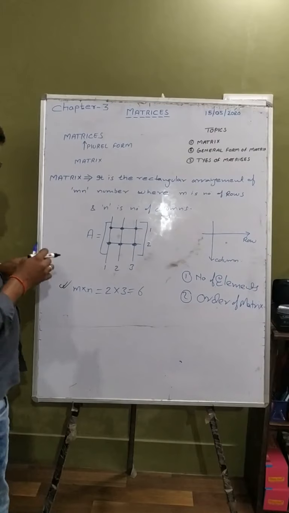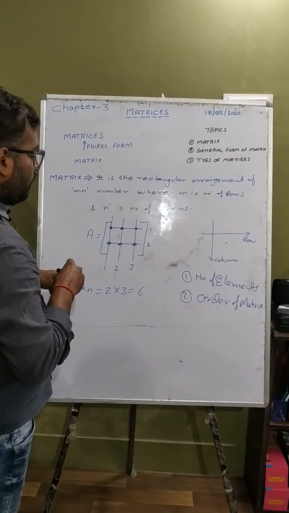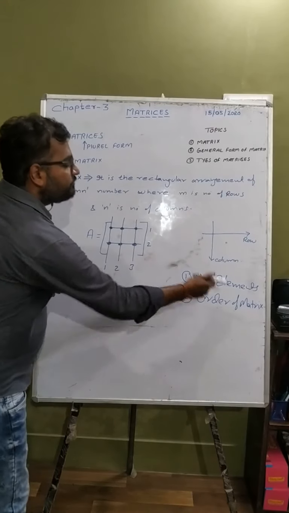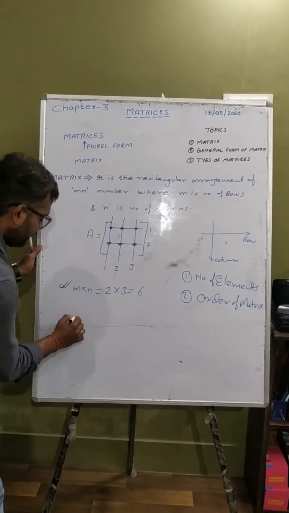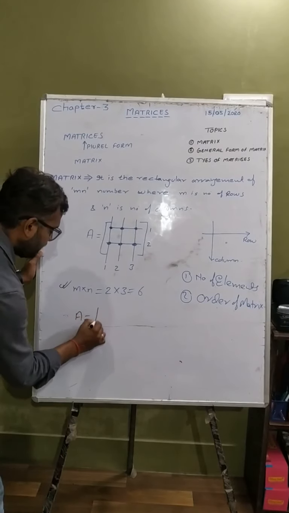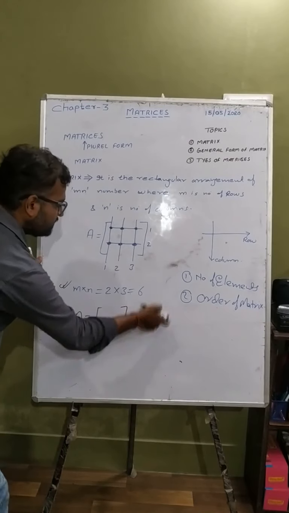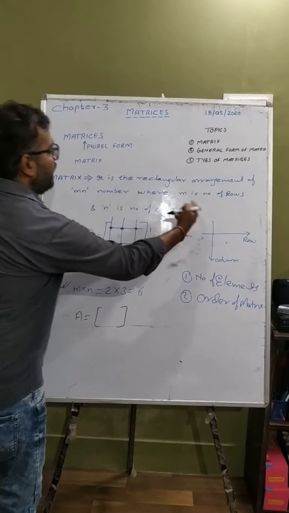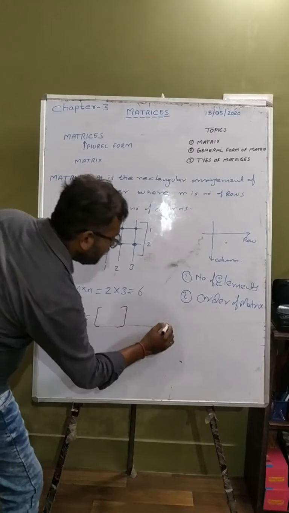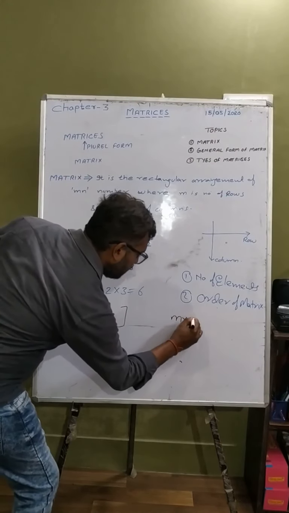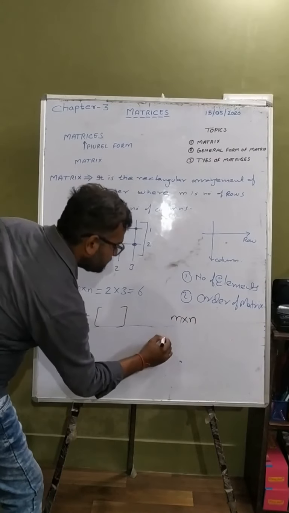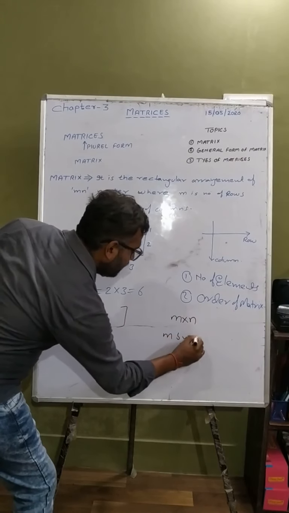The first point is clear. The second thing is, what is the order of this matrix? If A is a matrix, its order is given by m by n. It is written as m into n or m cross n, but read as m by n.